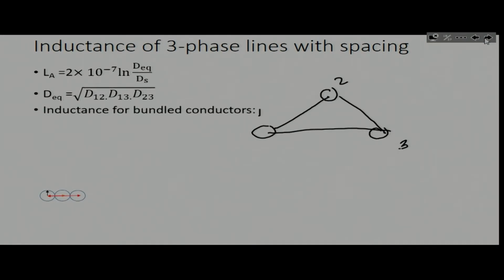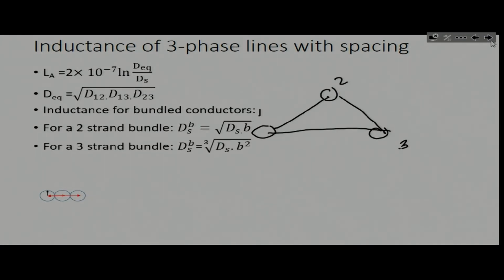So, let's look at the inductance for bundled conductors. For a 2-strand bundle, Dsb is the square root of Ds times d. That should be d, the distance between the conductors.